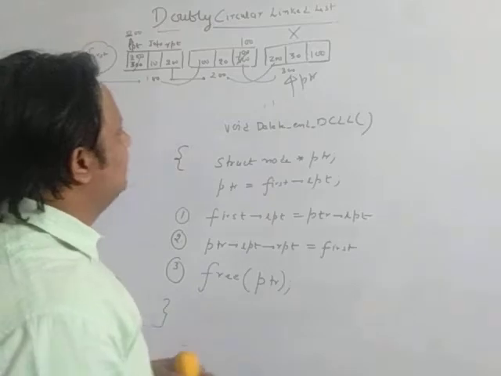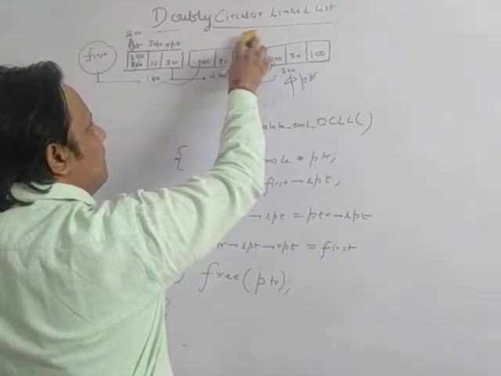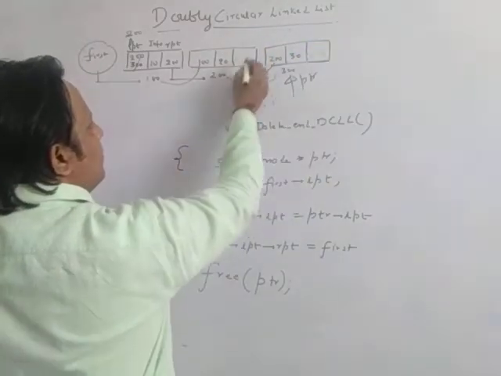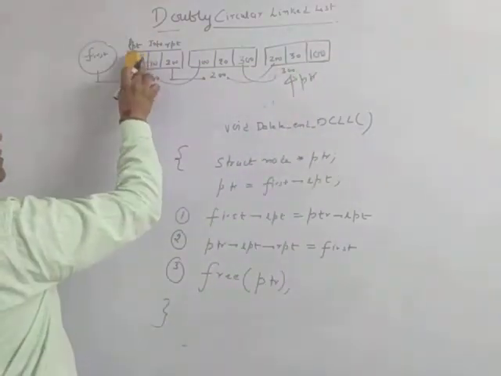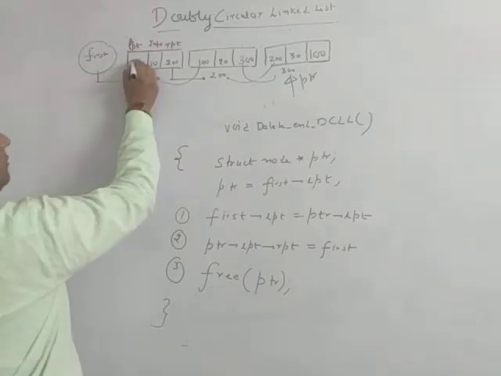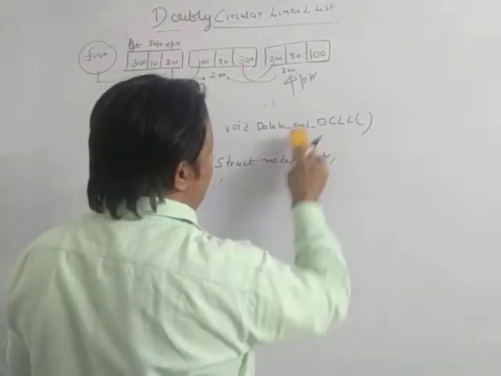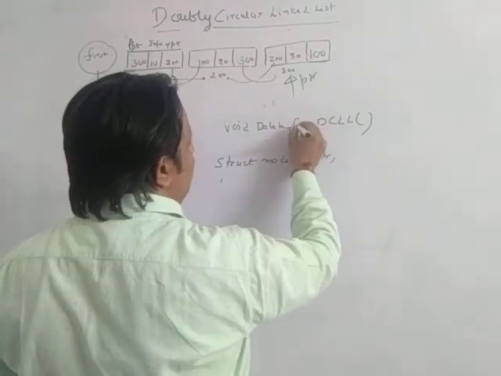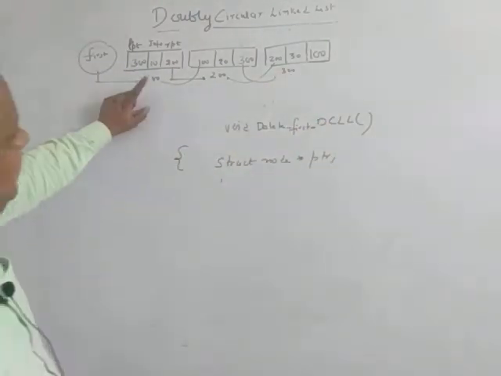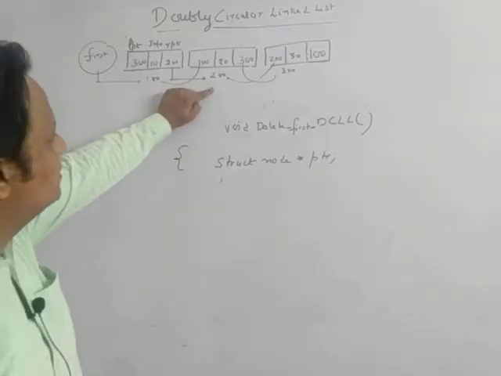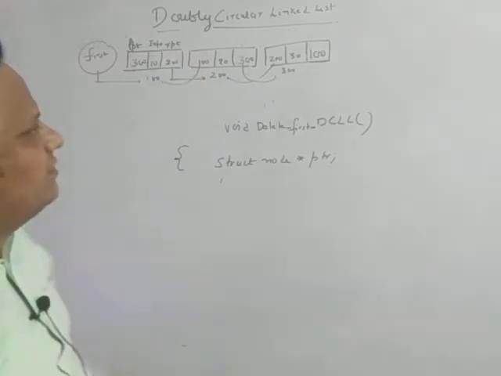Next we'll see how to delete the first node. Delete_first. Now think logically: if I delete this node, this becomes my first node. So the first node's LPT should contain the address of the last node.